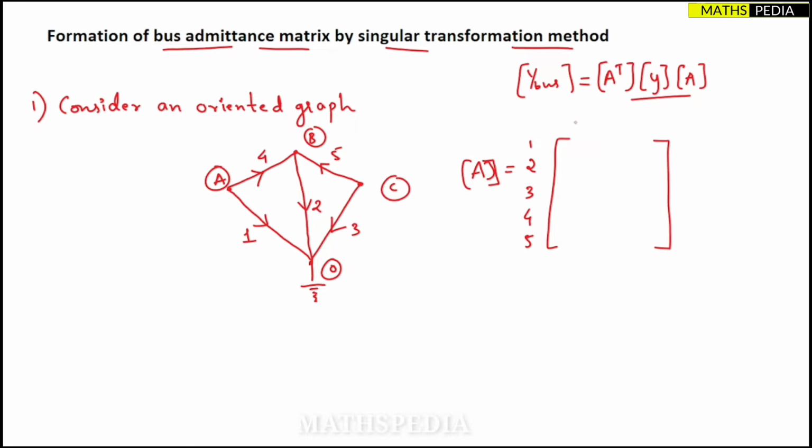And number of nodes I have to write here: A, B and C. We should not consider the ground or reference one. So totally 5 cross 3, where 5 is the number of lines and 3 is the number of nodes. This is the order of the bus incidence matrix.